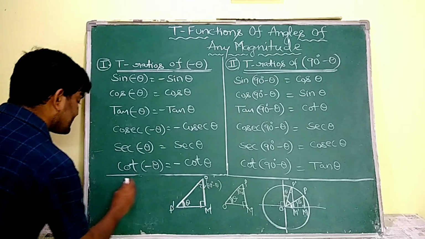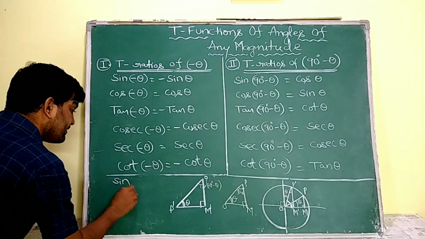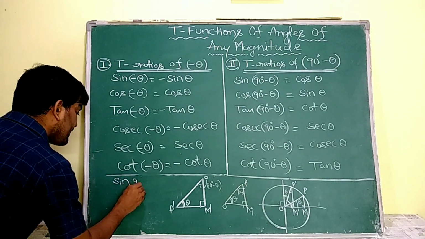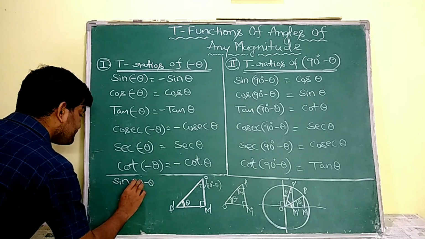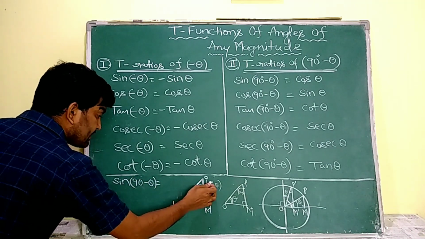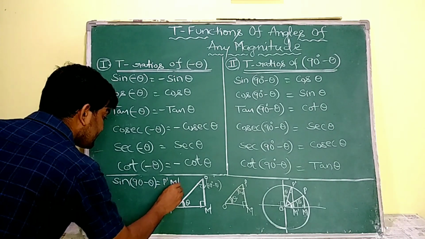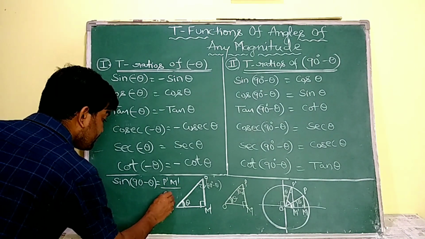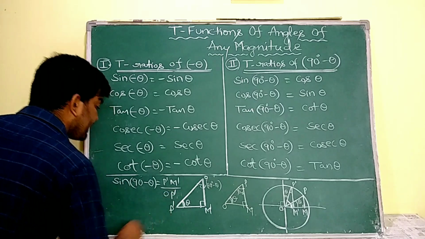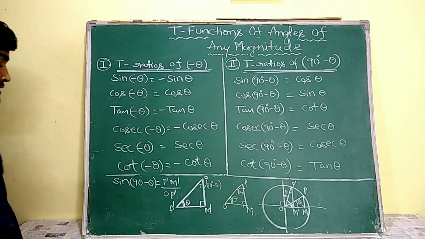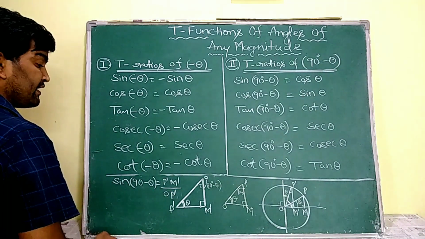Now tell me, sin of 90 minus theta in this figure. Sin of 90 minus theta means the opposite side P dash M dash by its hypotenuse OP dash. Now tell me, this P dash M dash is equivalent to what?